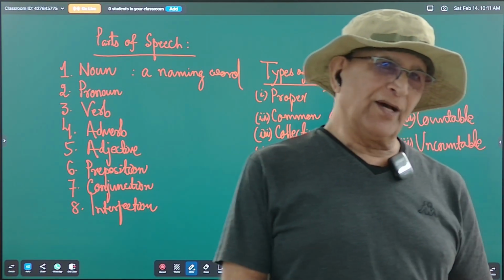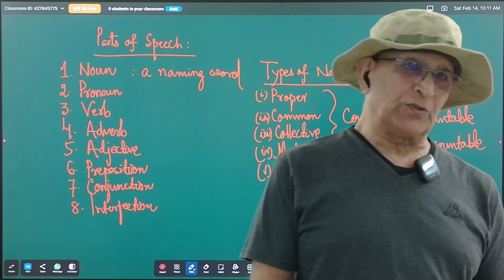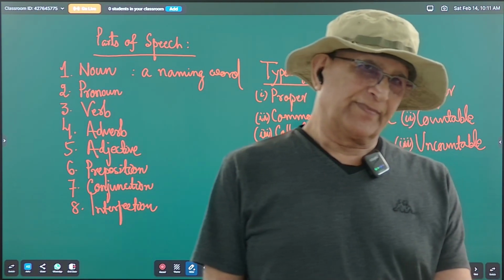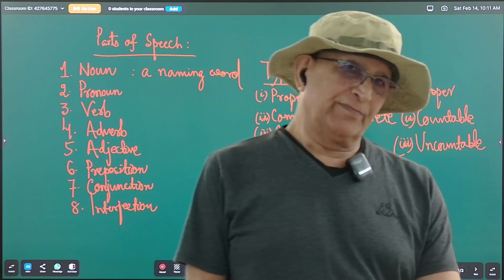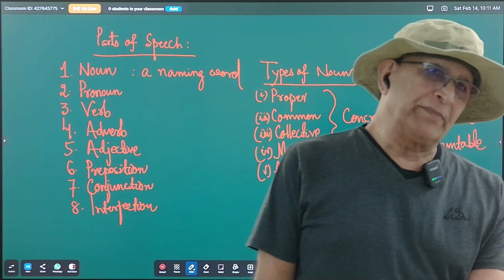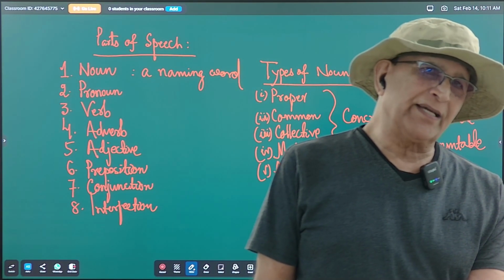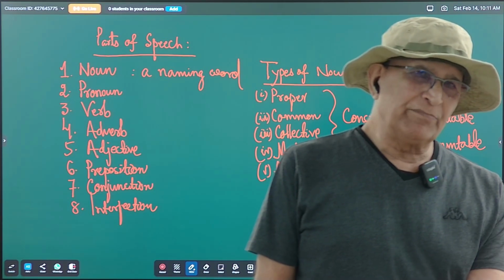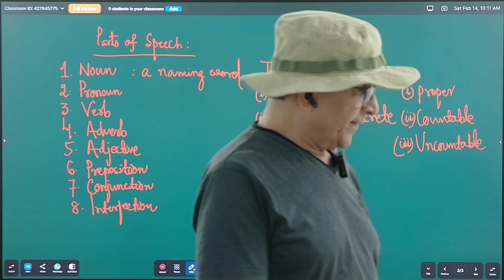Some nouns are deceptive in their pronunciation, in their appearance, but actually they are different. Some noun, for example, vermin, V-E-R-M-I-N, vermin. I think you know this word, vermin.